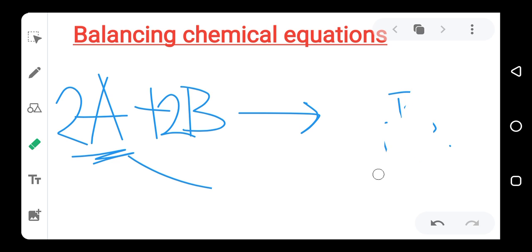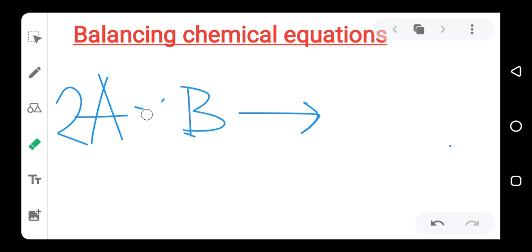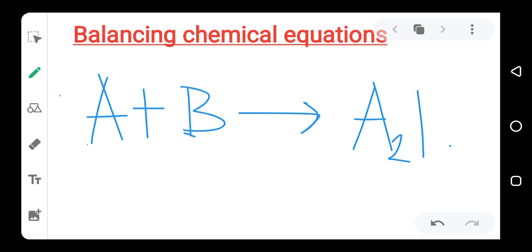Now that means that, assuming we have A plus B to give us a compound that looks like this: A2B.